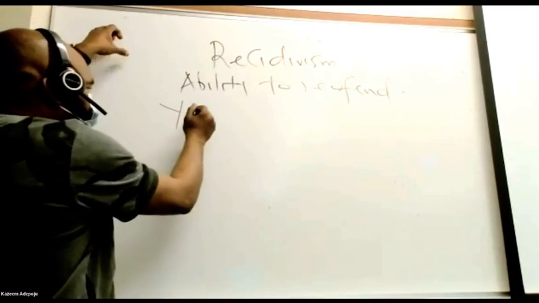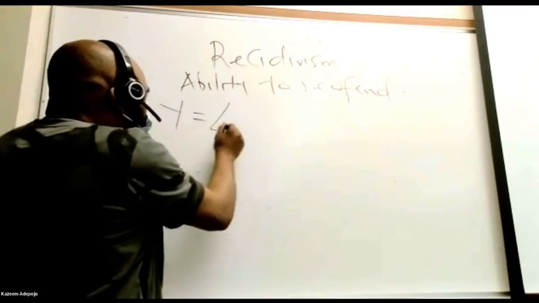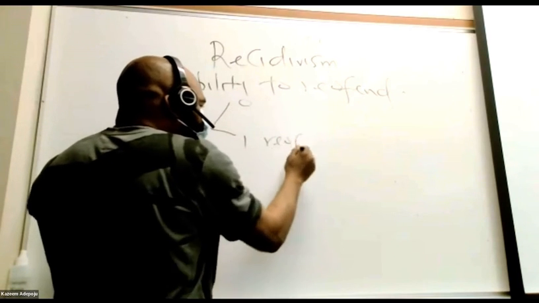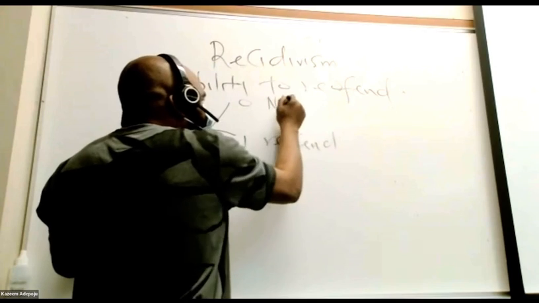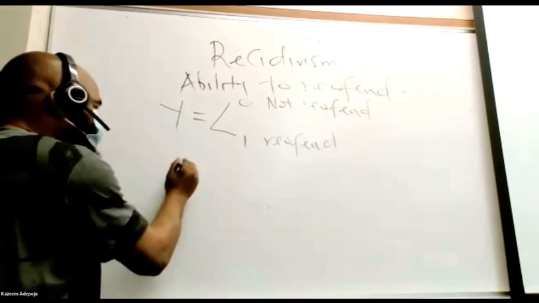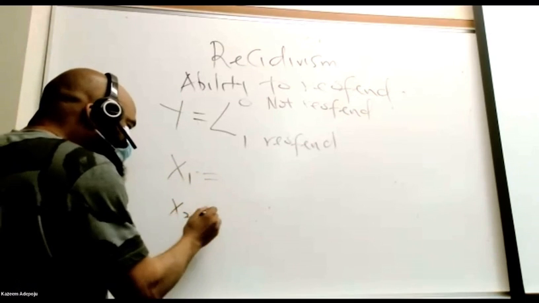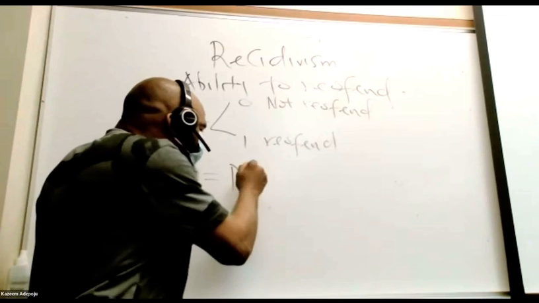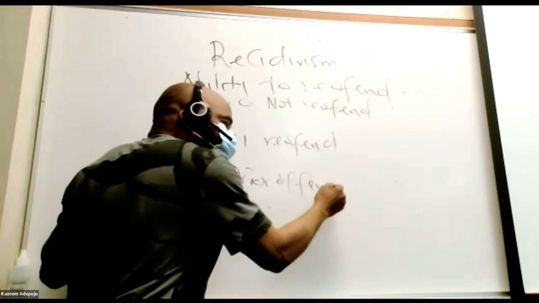Your response variable could be 0 or 1: reoffend, not reoffend. And you may want to look at the predictor variables that correspond to that. Prior offenses could be one of them.